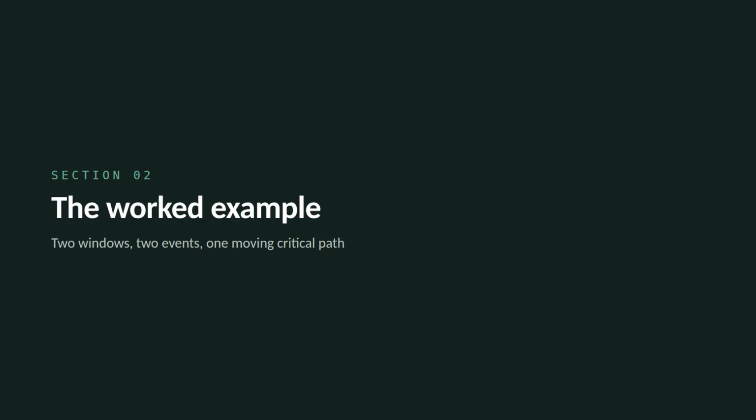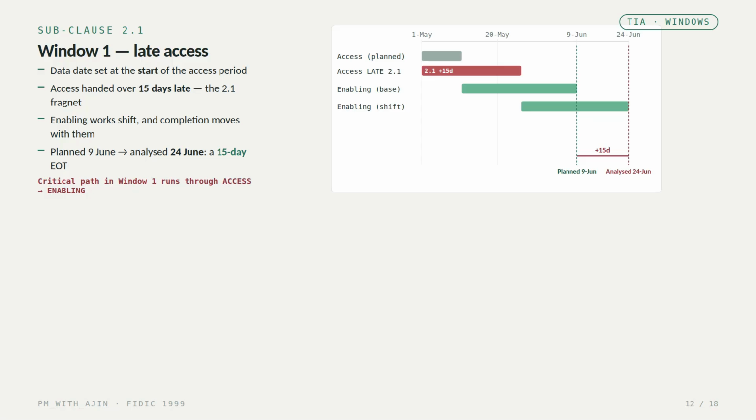2 windows, 2 events, and 1 critical path that moves between them. Window 1. Late access. Under subclause 2.1, we set the data date at the start of the access period, so the program reflects the job up to that point. Access is handed over 15 days late, and we model that as the 2.1 fragment.